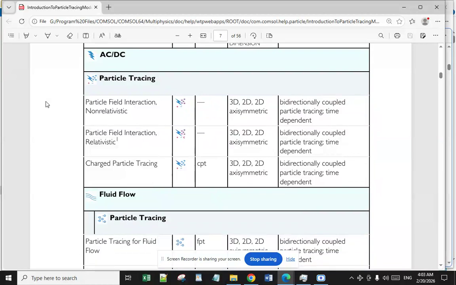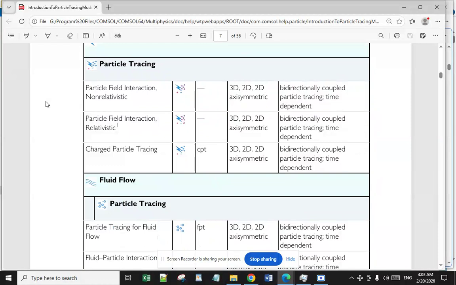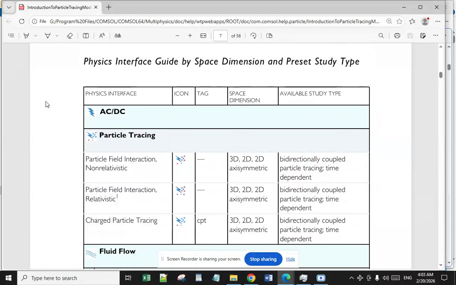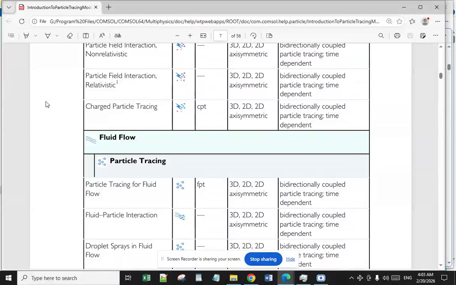And Charged Particle Tracing, or CPT, is available in two-dimensional axisymmetric, two-dimensional, and three-dimensional. The available studies are bidirectionally coupled particle tracing and time dependent.